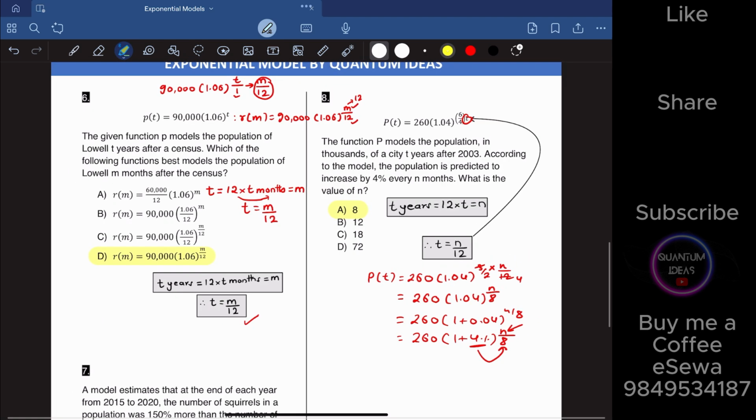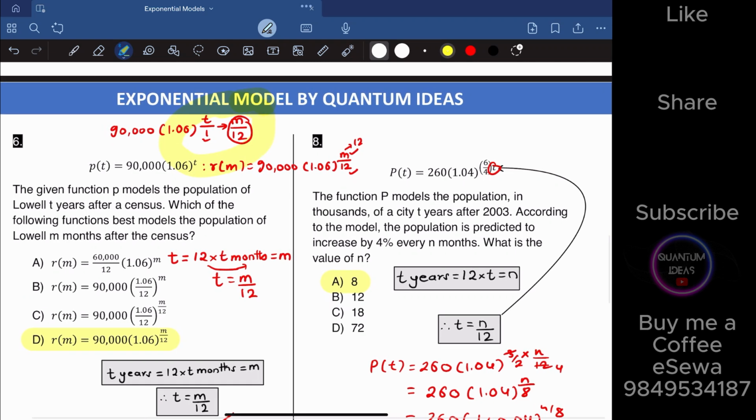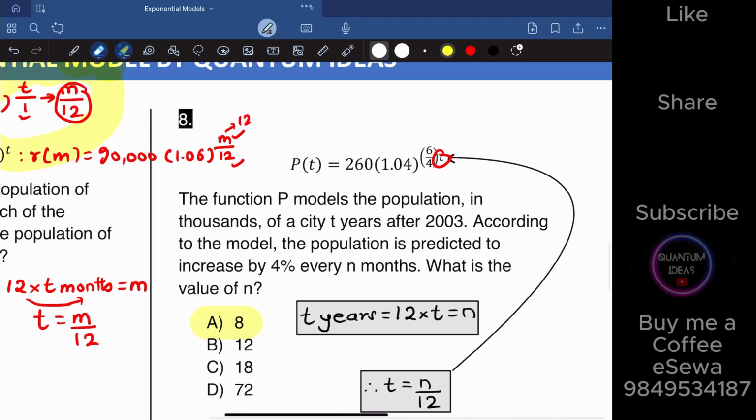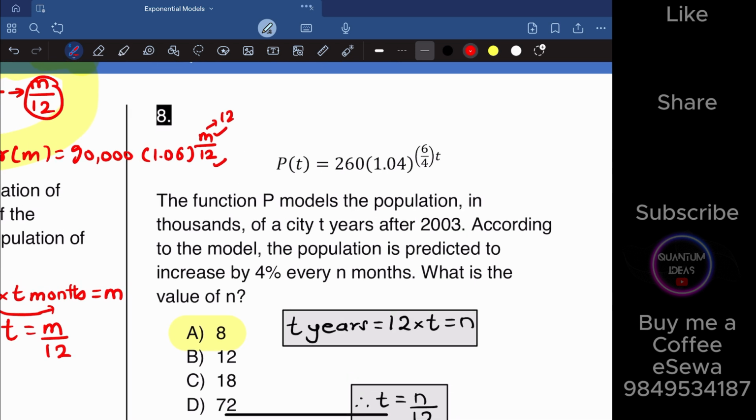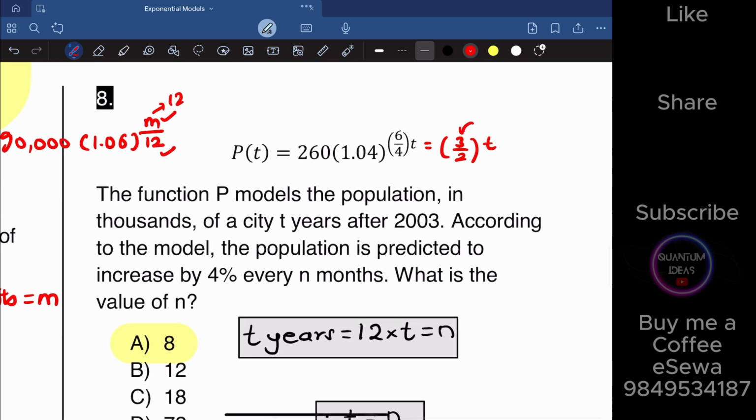I have also explained that you can do it like this. You can do it directly here also. Simply open the power, that is 3 by 2 t, and don't touch the constant. I have already told you the numerator and denominator should have the same unit. So if there is nothing, there is 1, just remember that.